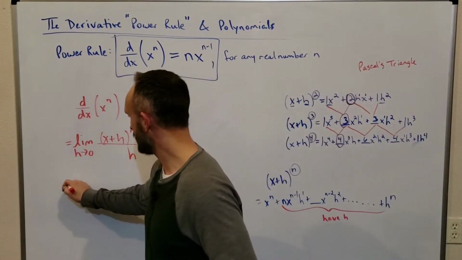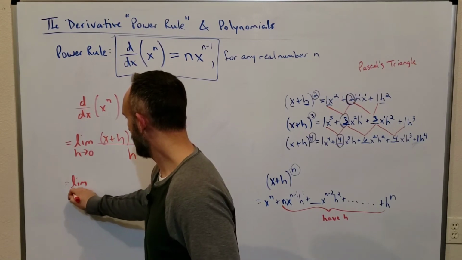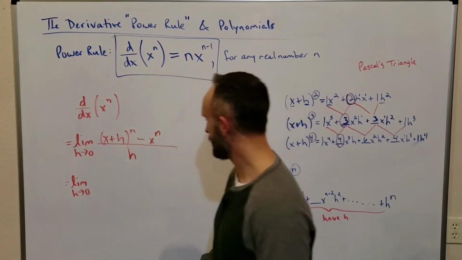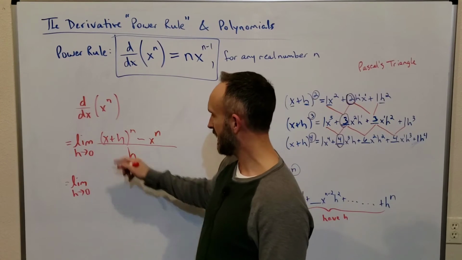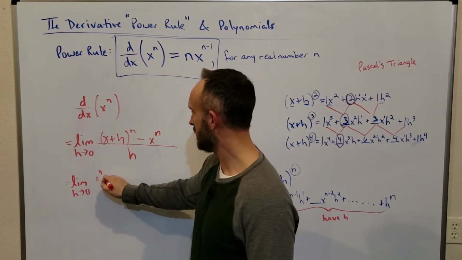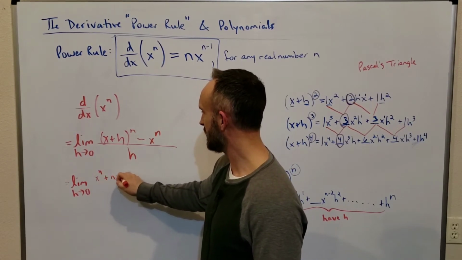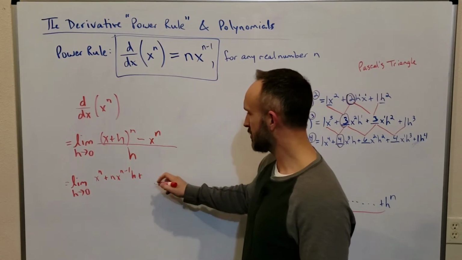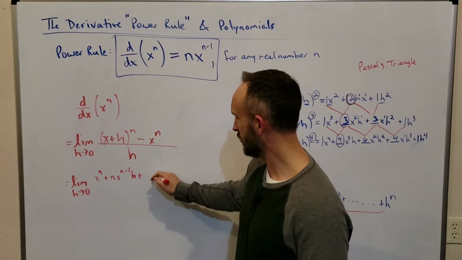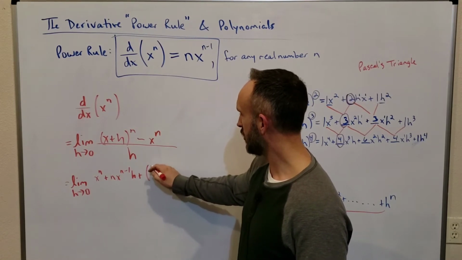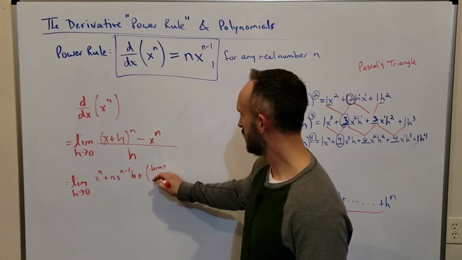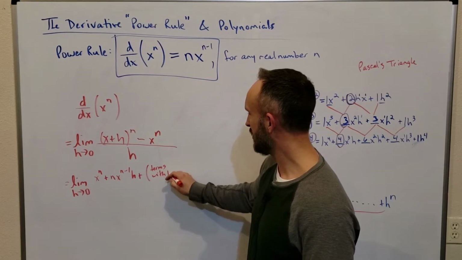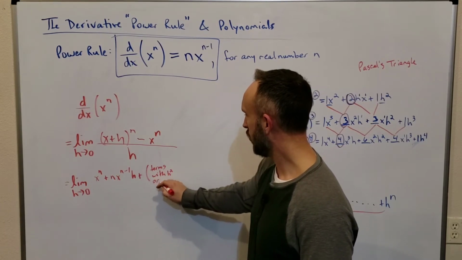So this guy turns into the limit as h approaches 0 of, if I expand this, it'll be x to the n plus n times x to the n minus 1 h plus other terms with h squared or higher.